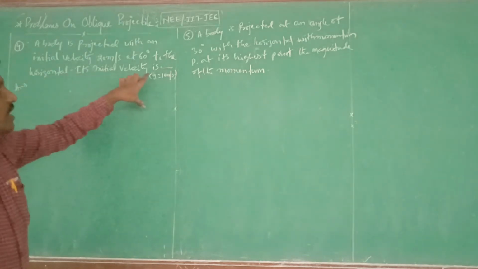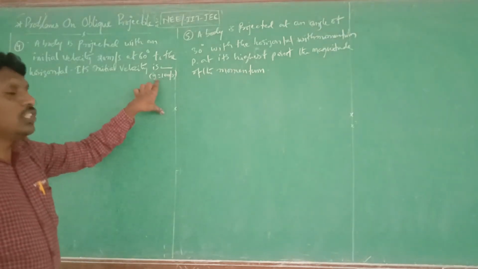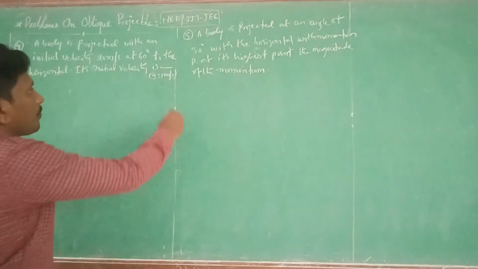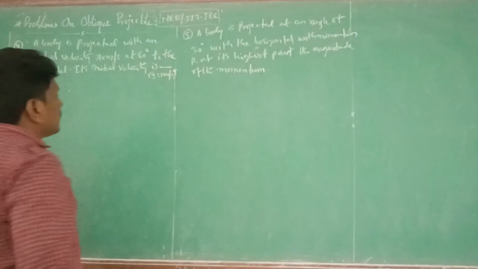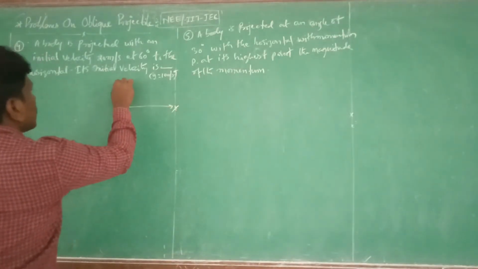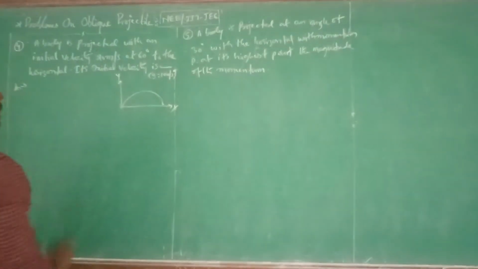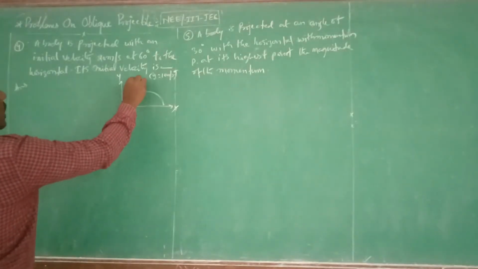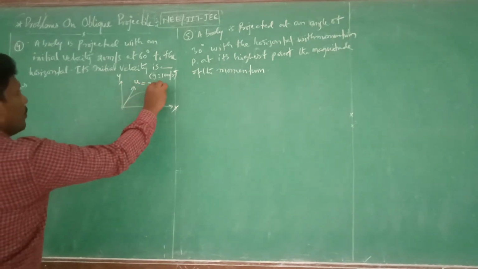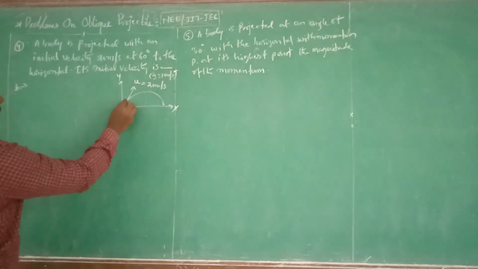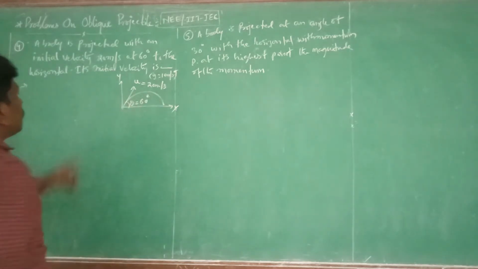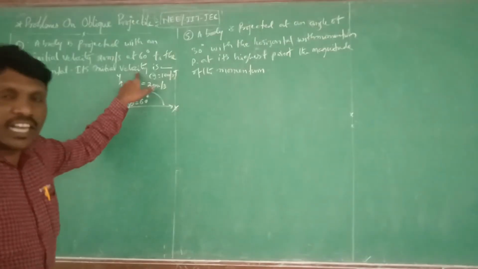And g value is given, that is 10 meter per second square. Now the diagram is like this. This is u, the initial velocity, that is 20 meter per second, and this angle is given, that is 60 degrees. We need to find out the initial velocity.